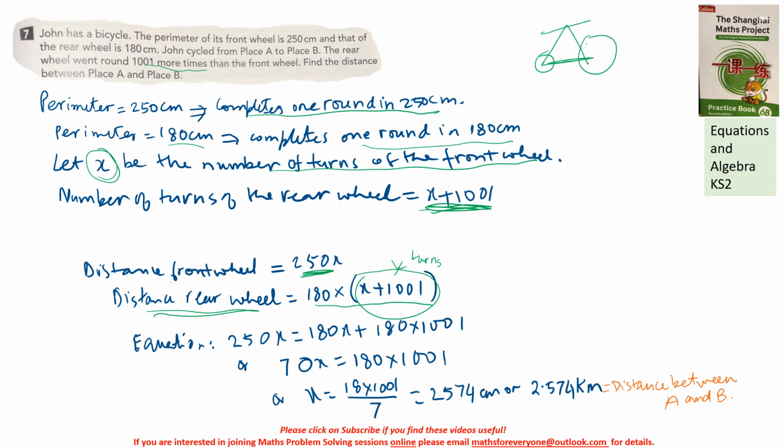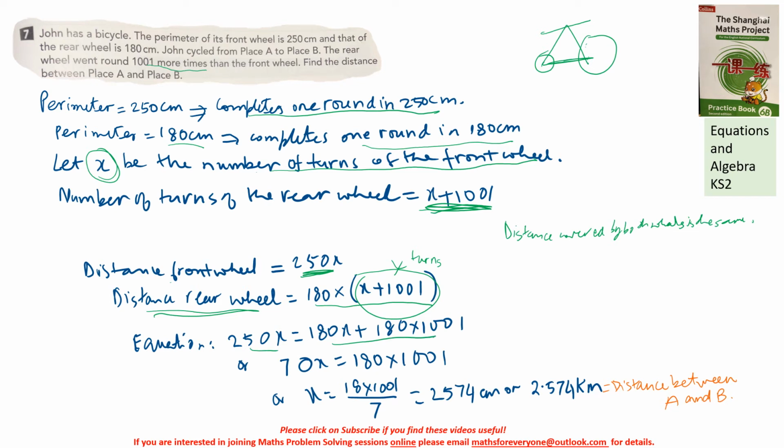The equation is, because the distance covered by both wheels is the same, that is why we equate both sides.